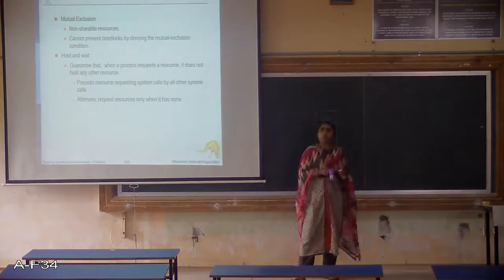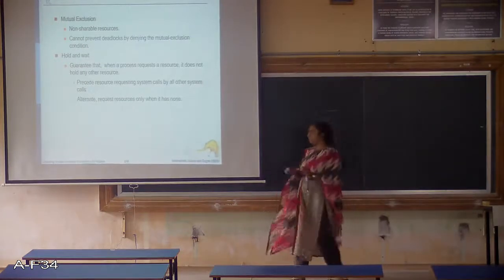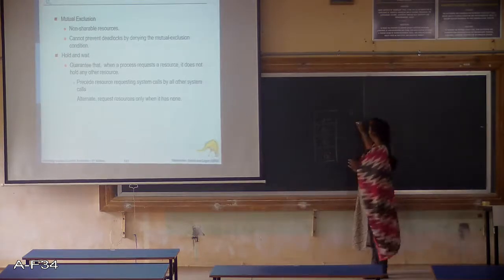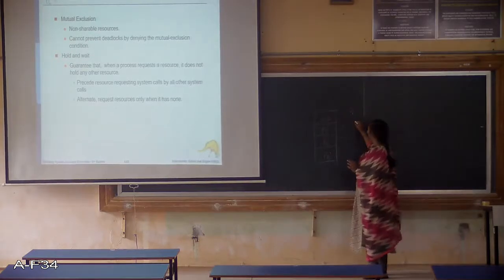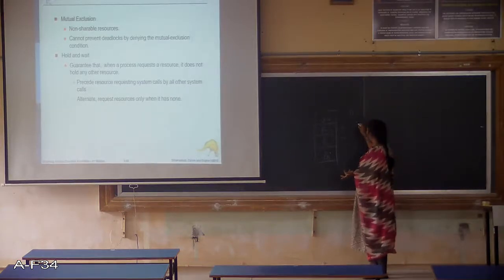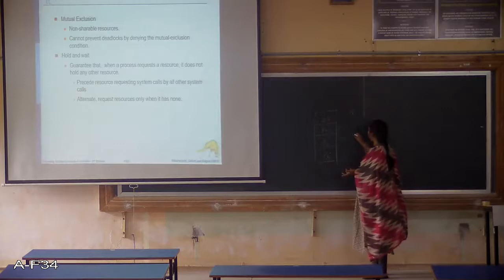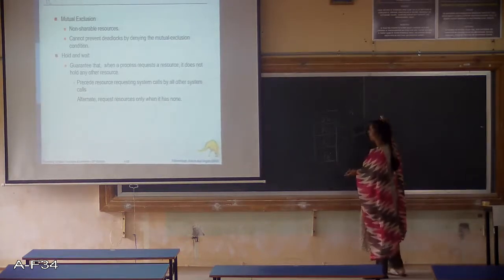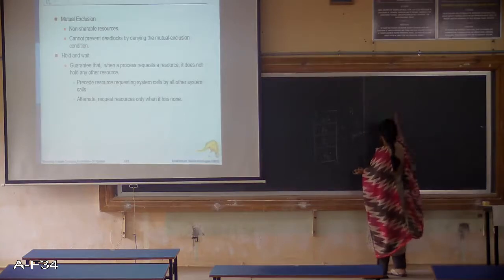Why? Because suppose there is a process P1 which has the following task to do. It needs to copy one document from your pen drive. This is a pen drive. And it has to copy it to your disk.